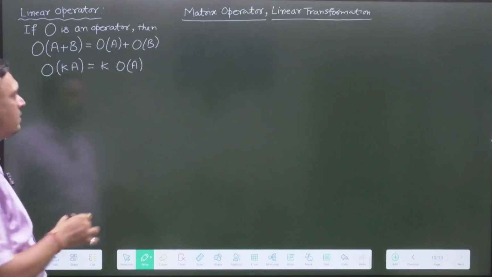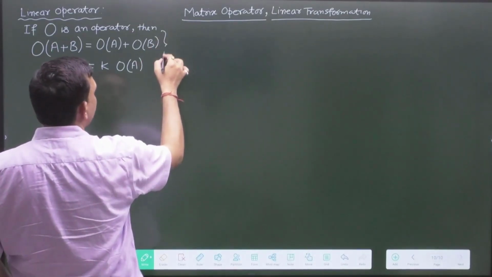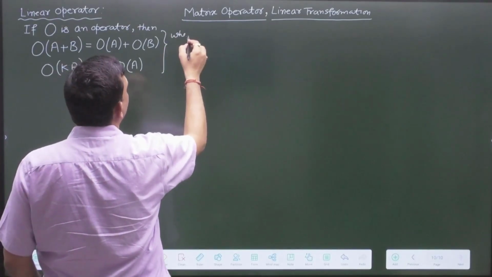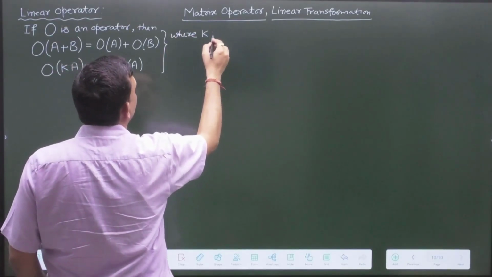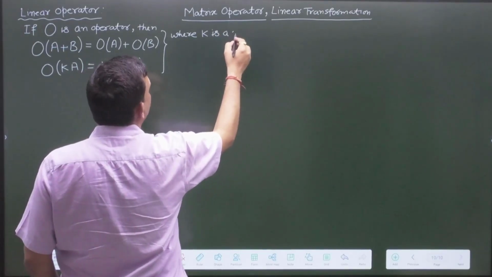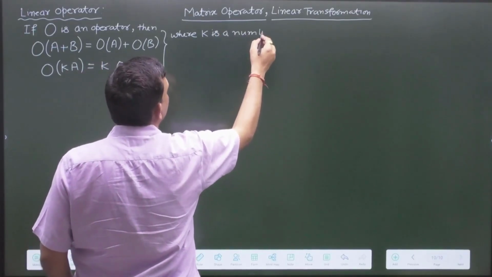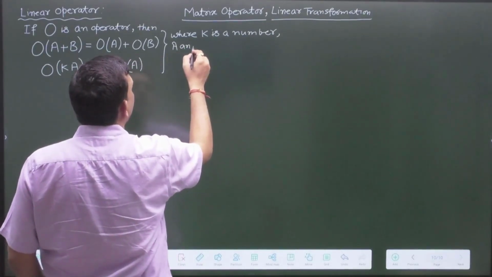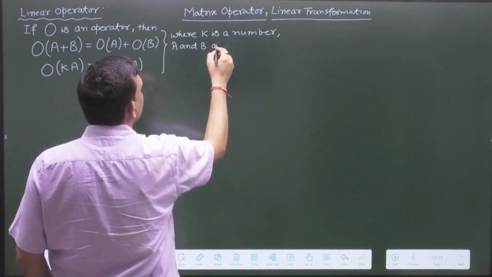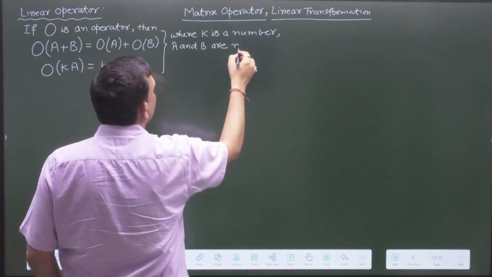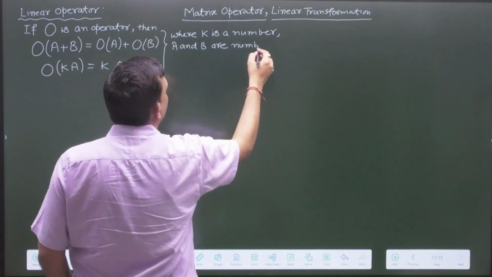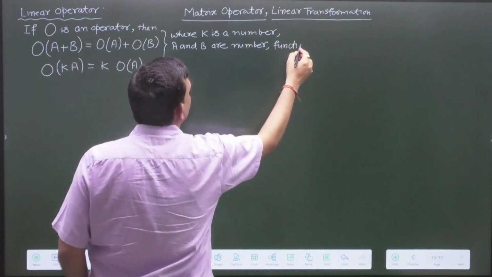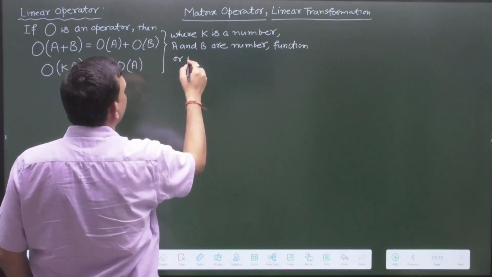If an operator satisfies these two conditions, we say that it's a linear operator, where K is a number, and A and B may be a number, function, or vectors.